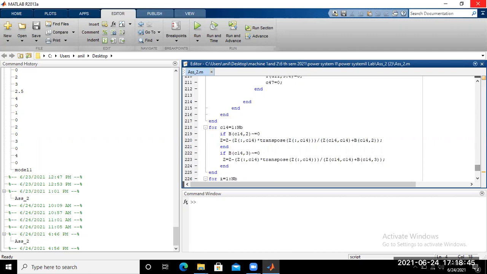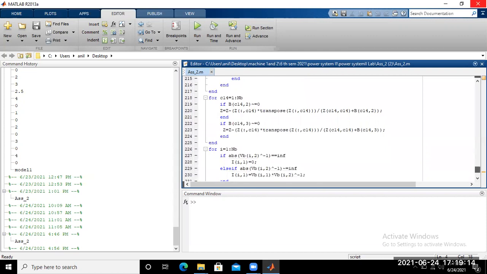And if b c14 comma 3 equal to 0, so z equal to z minus z into semicolon comma c14 transpose of z into c14 divided by z c14 comma c14 plus b c14 comma 3. Okay. So now close this loop.